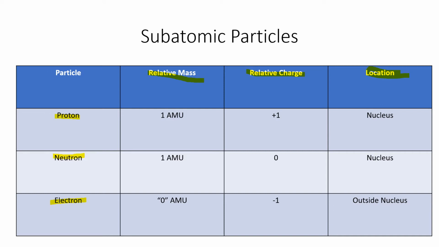So instead of doing the actual mass, what we do is we call it the relative mass. And this allows us to go down to that very, very small scale and be able to compare and contrast things without having to use these ridiculously small numbers that are very cumbersome. So we would say that the relative mass of a proton is 1 AMU. AMU is a unit that gets us into this relative mass instead of an actual mass in something like grams.